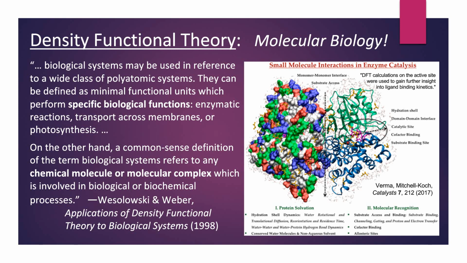Now, on the other hand, as this article reminds us, that common sense definition of the term biological systems could just refer to, frankly, any chemical, molecule, or molecular complex which is involved in biological or biochemical processes.